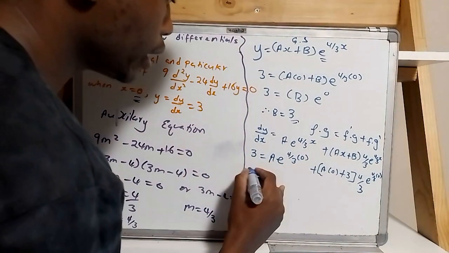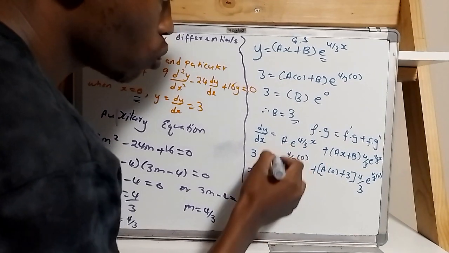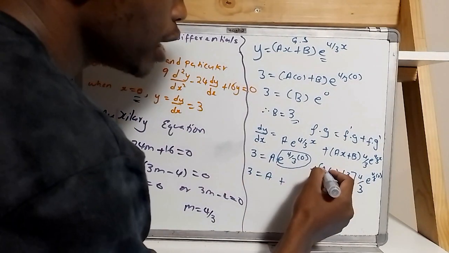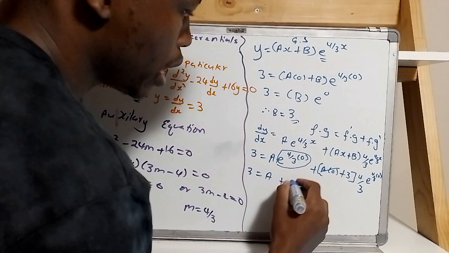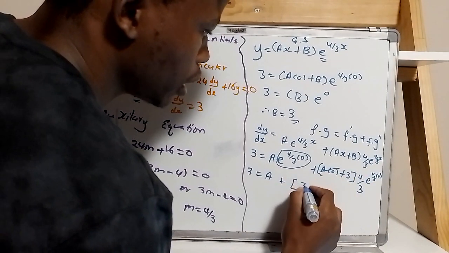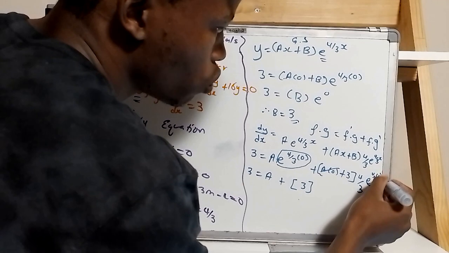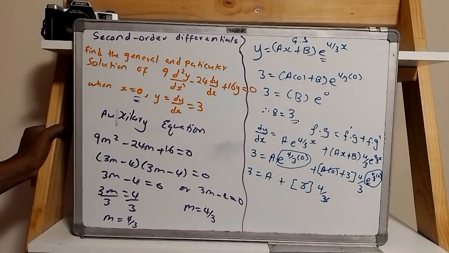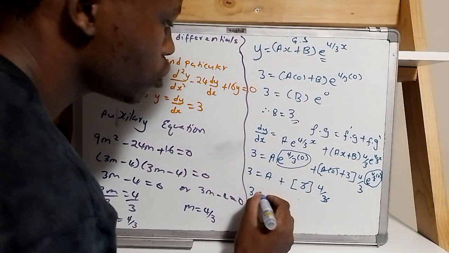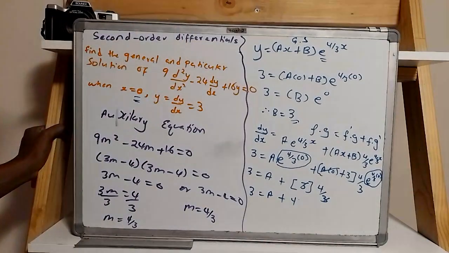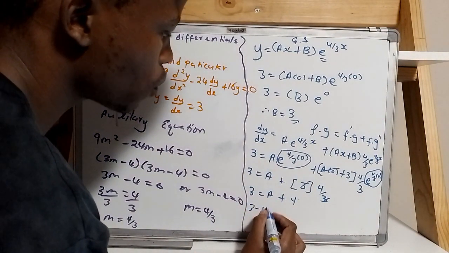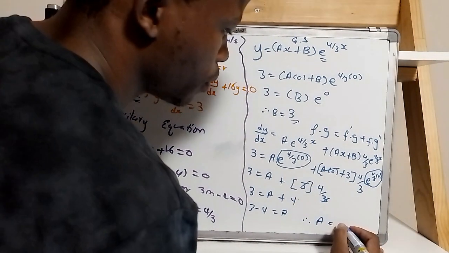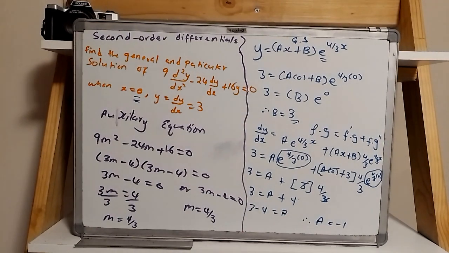So 3 is equal to a, e to the power 0 is 1, plus a times 0 is out, and 3 multiplied by 1 multiplied by 4 over 3. The 3s cancel. Then I have 3 is equal to a plus 4. Take this to the other side: 3 minus 4 is equal to a. Therefore, the value of a is negative 1.